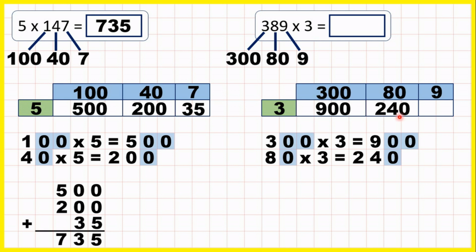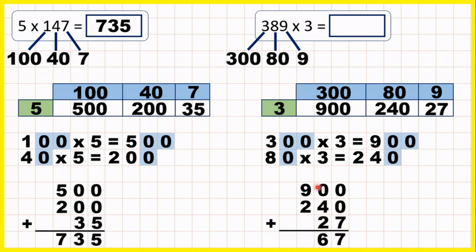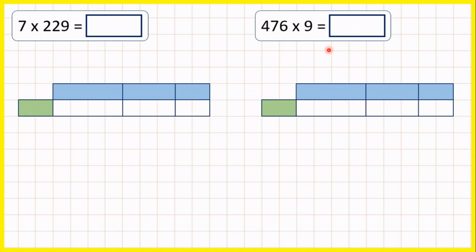So that's 240. And now for our last box, we need 9 times 3, which is 27. So if we add up our answers, 0 plus 0 plus 7 is 7, 0 plus 4 plus 2 is 6, and 9 plus 2 is 11. So we have 1,167.